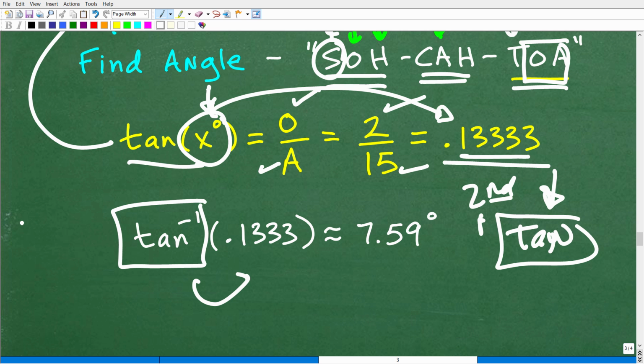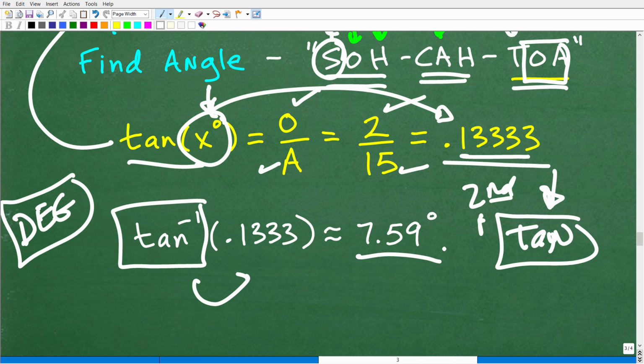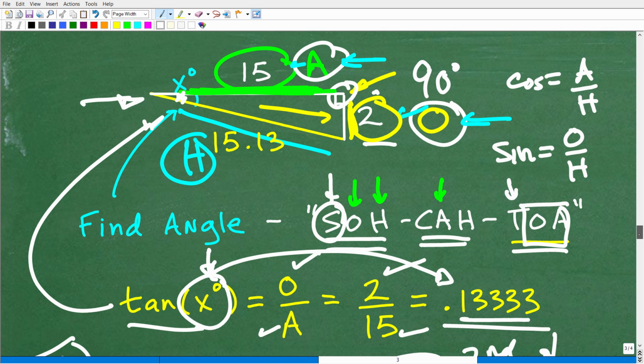And by the way, make sure that your calculator is in degree mode. There's other modes it could be in when it comes to angles, like radians. And when we do all this math, we're going to get approximately 7.59. And if you're in degrees, that means 7.59 degrees. That's the angle right here of this triangle.